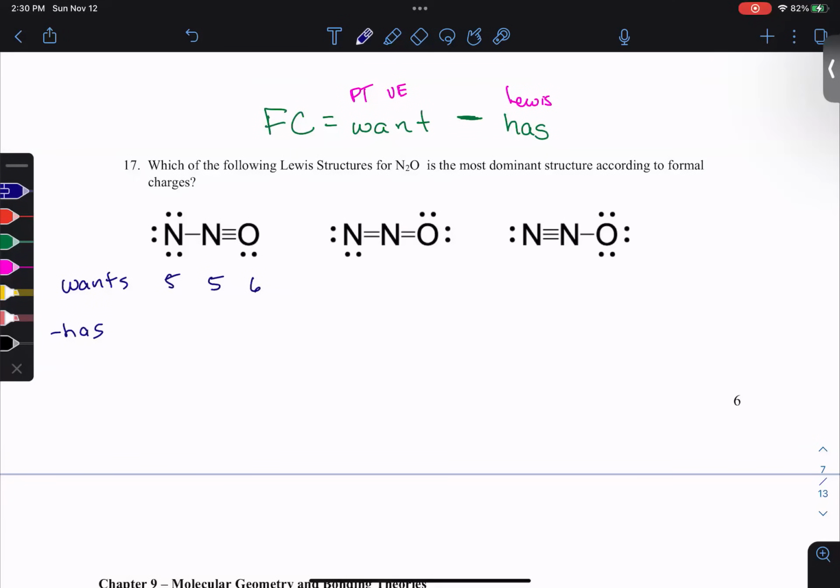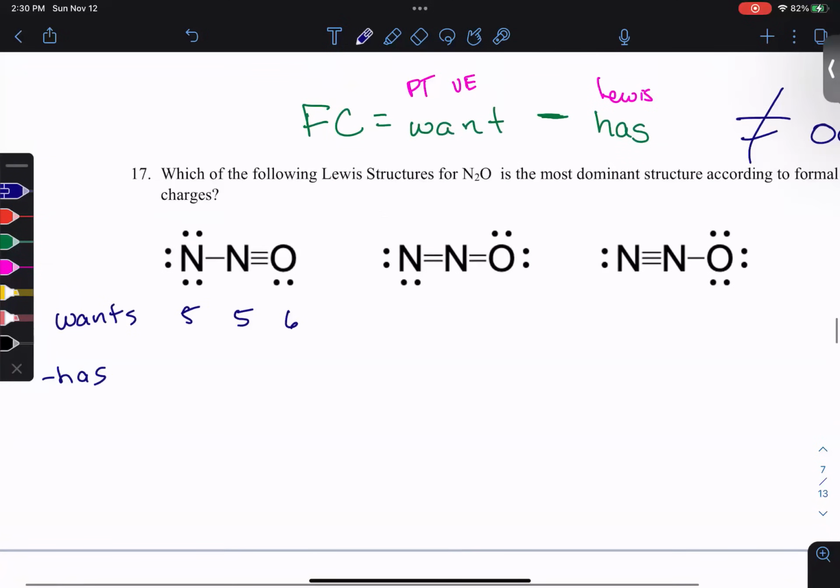Has is a little bit different, and I want to separate this. Calculating formal charge is not the same as octet. So throw that out the window right now. We're not calculating octet, right? Because if you actually look at all of these atoms, are there any atoms with incomplete octets? Nope, every single atom technically has a complete octet.